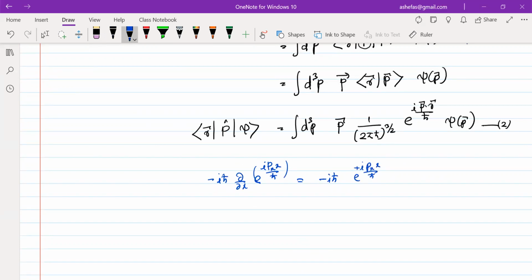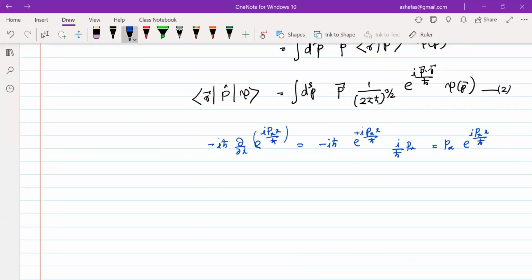Then we have to find the derivative of the power of exponential. So that would give i by h cross px. So i into minus i will become plus 1 and h cross would cancel. So that would be simply equal to px times e raised to i px x by h cross. Okay, so this is known to us.